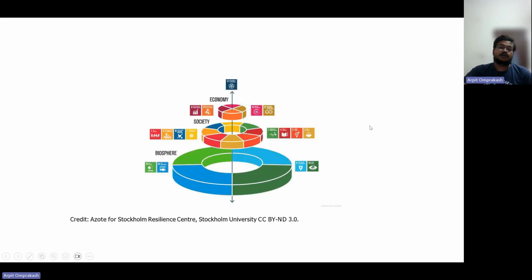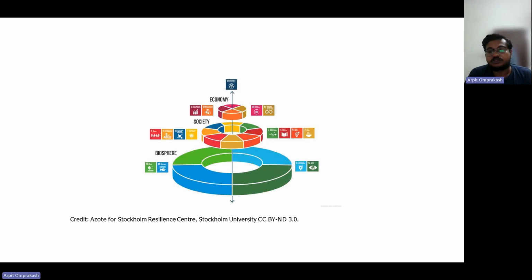Right. The other framework for thinking about all these things is the Sustainable Development Goals. These are goals proposed by the UN and ratified by many countries, which tell us where we should head as a species, as a civilization.